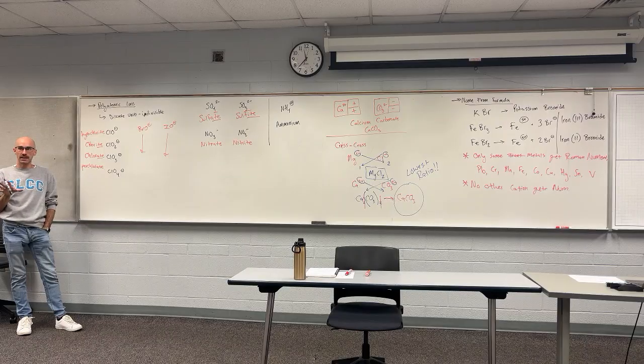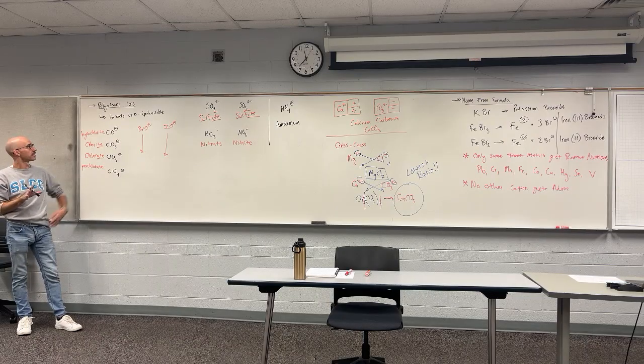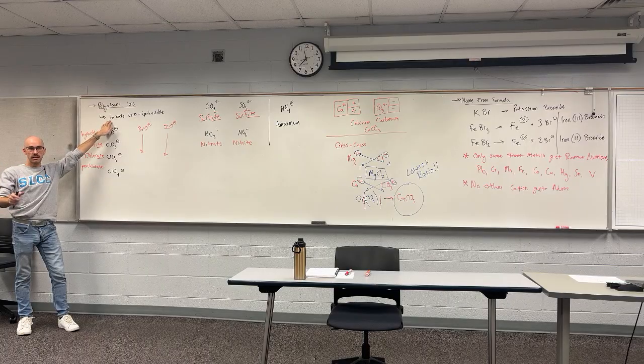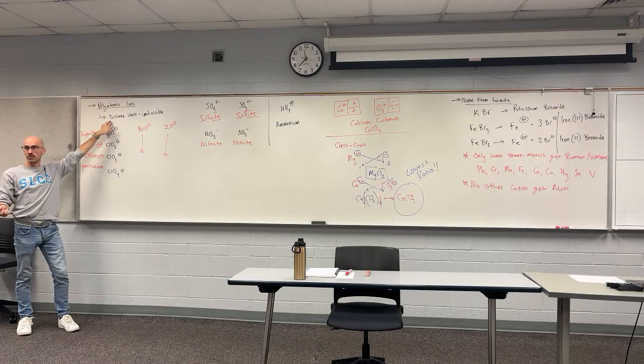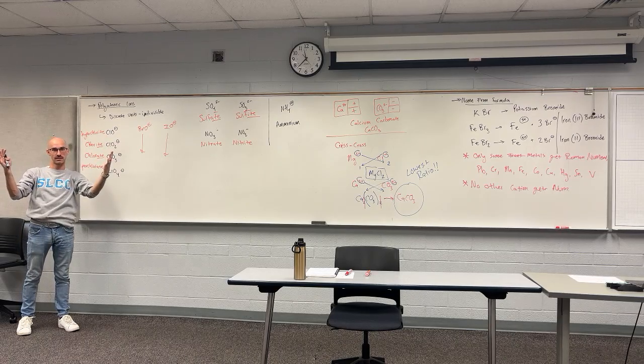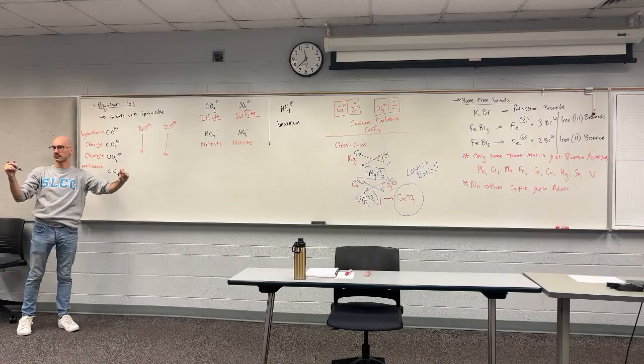Now, something strange that happens with polyatomic ions, they are indivisible units. If you have multiple of them, you cannot change their chemical formula in order to express that they are there multiple times. So you need to put parentheses around them as a unit and use that parentheses to put subscripts.